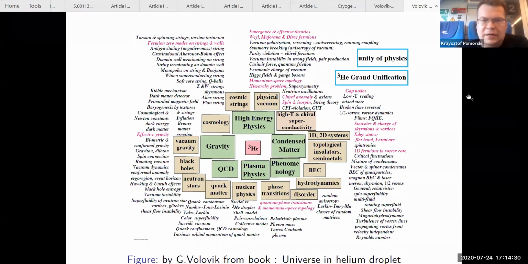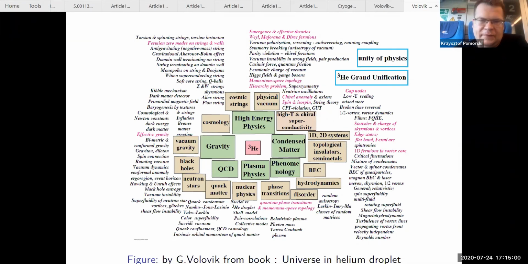All right, so there are promises of what's behind helium-3. You see here various types of physical phenomena. You can study quantum phase transitions. You can have a transition from classical to quantum hydrodynamics.